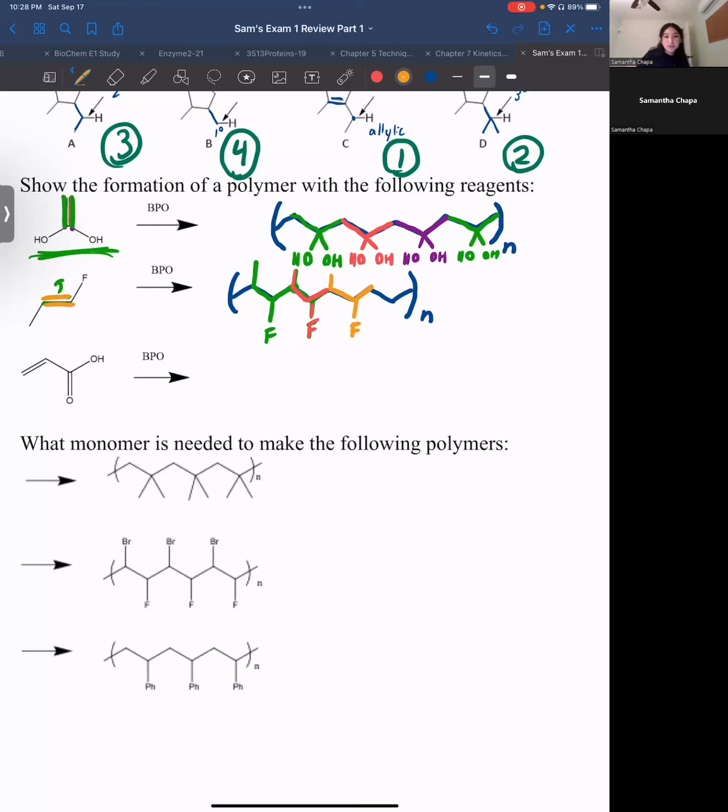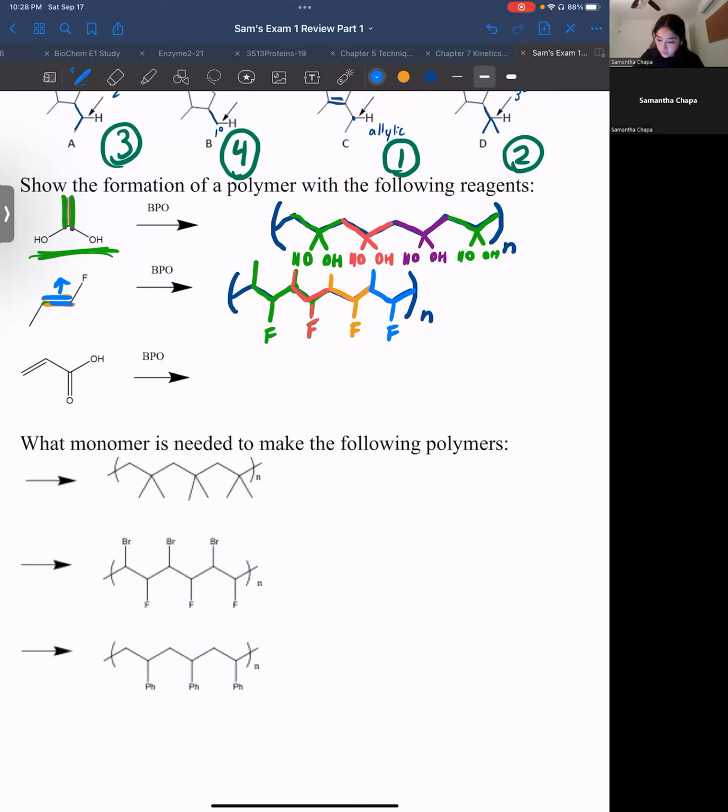And again, it's arbitrary. So if you choose to have your methyl groups on the bottom, make sure they're all at the bottom. If you choose to have your methyl groups on the top, make sure they're all at the top. And the fluorines are all at the bottom. And then I'm just going to do one more. Break it into a V shape, methyl group up, fluorine down. Cool.